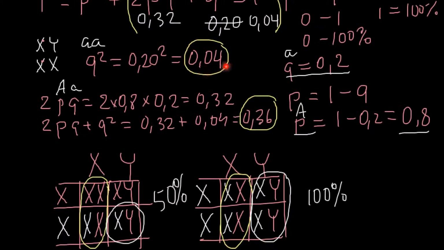So we have to multiply by 100 or move this decimal point 2 places to the right. So the answer would be 4%. And here, if we move the decimal point 2 places to the right, the answer would be 36%. So we just multiply this number by 100.